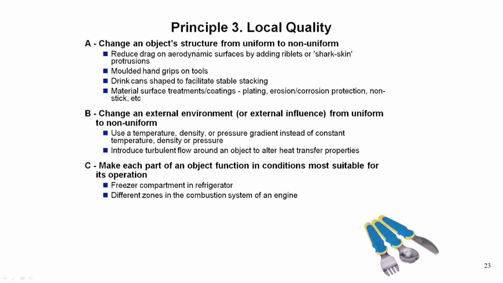Change an external environment also, if possible, from uniform to non-uniform, and make each part of an object function in conditions most suitable for its operation. For example, a refrigerator is not cold uniformly everywhere. You have a freezer compartment in the refrigerator, different zones in a combustion system of an engine. So, these are all examples of local quality.